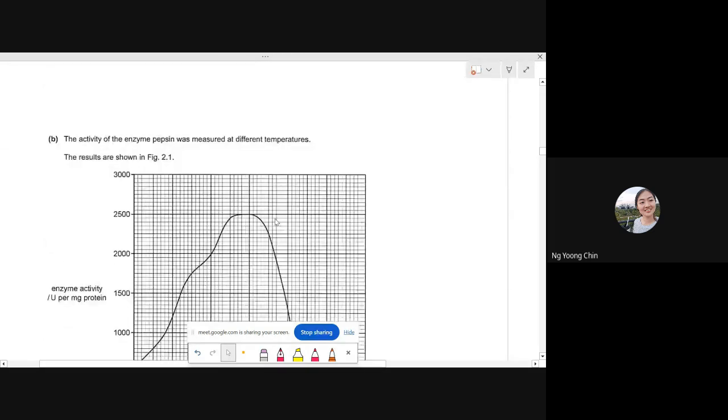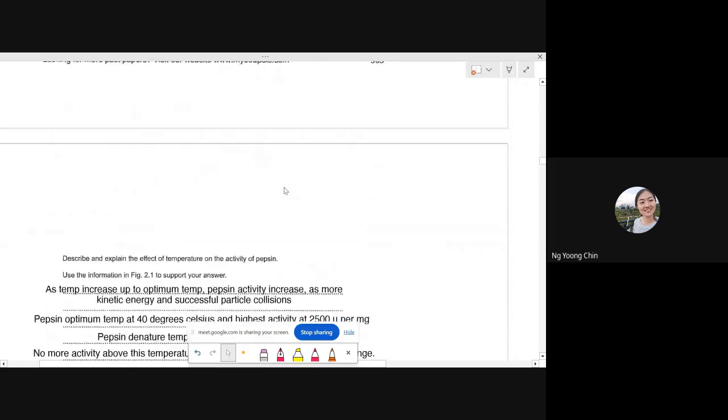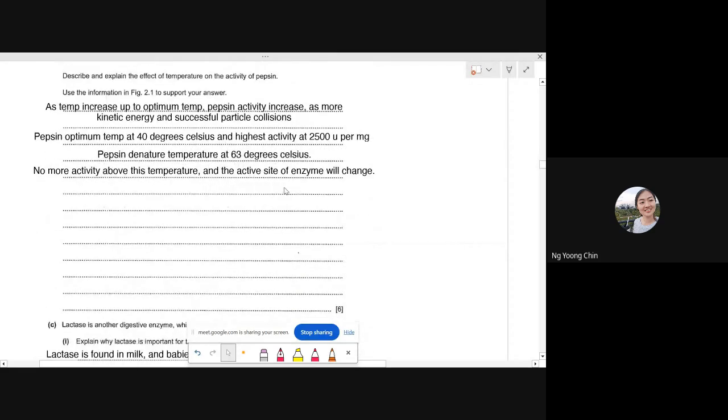This one, we call it temperature, right? And then what's your answer? As the temperature increases up to the optimum temperature, pepsin activity will increase as there is more kinetic energy and successful particle collisions. Okay, then since you wrote that it is increasing as temperature increases, you can talk about the kinetic energy increasing.